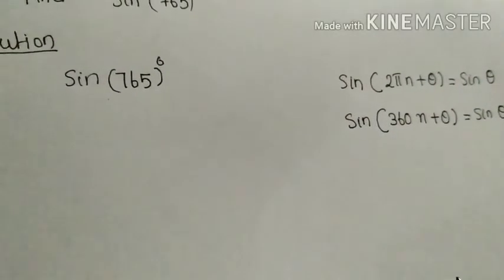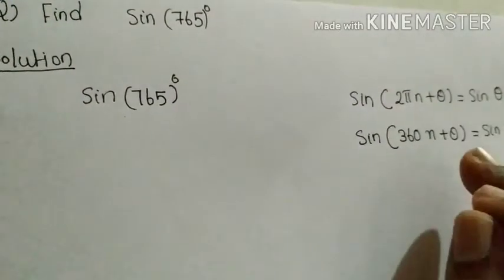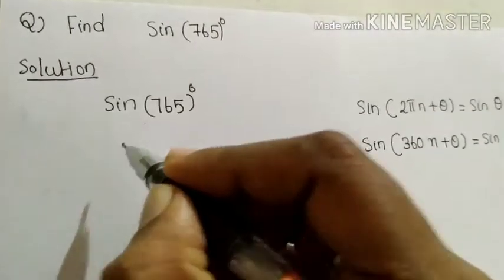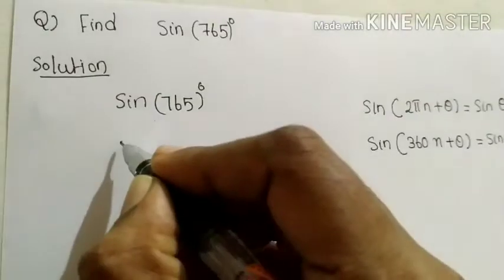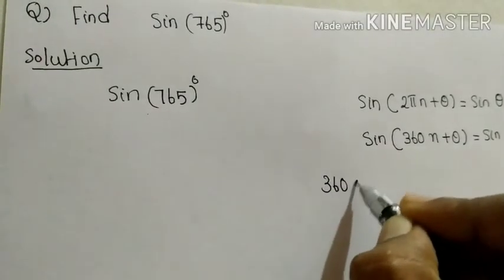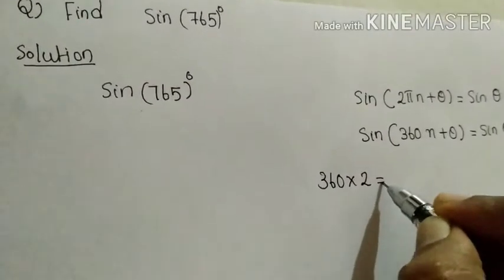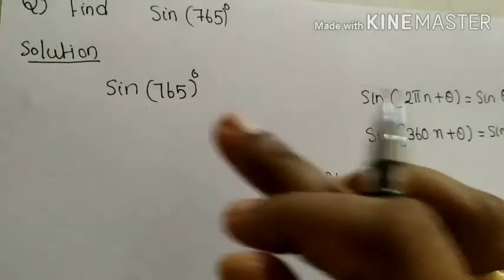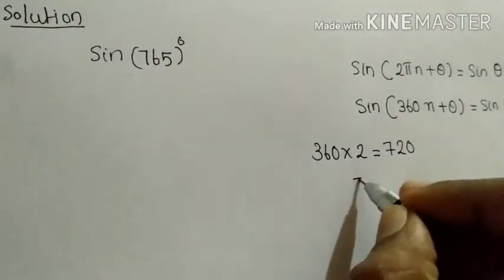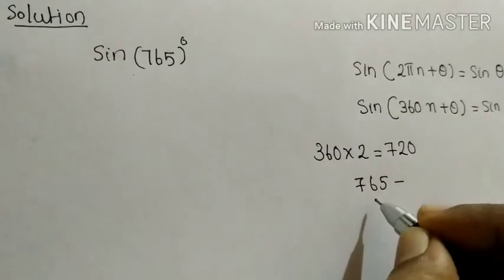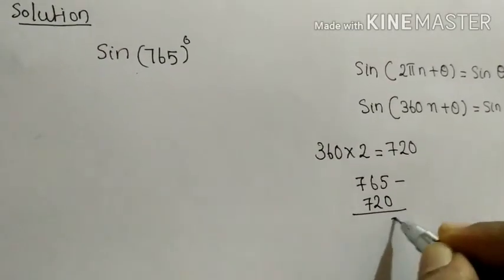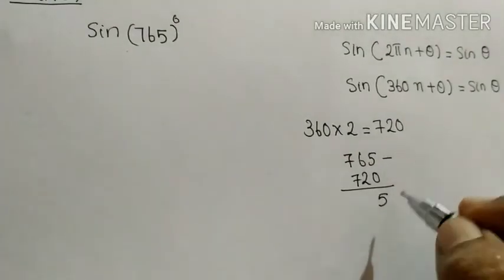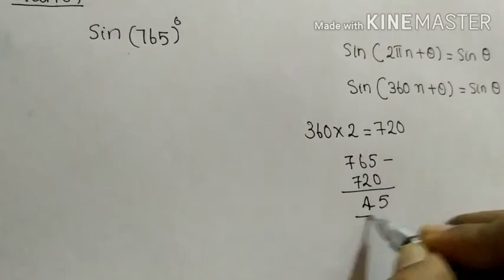So if we convert the given question in the form of 360 n plus theta, we know that 360 into 2 is 720, right? So our given value is 765. So 765 minus 720, if we subtract these two values, we get 45 degree.